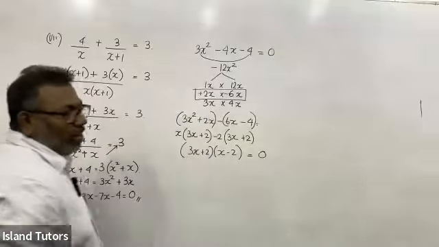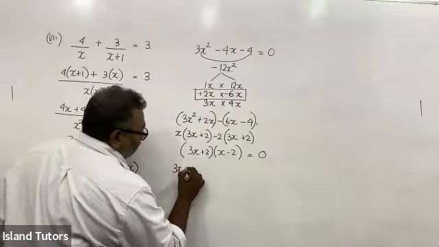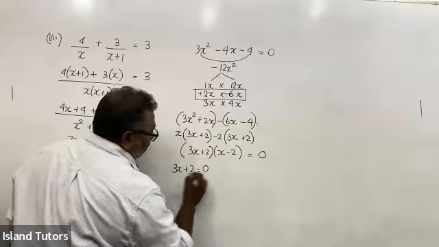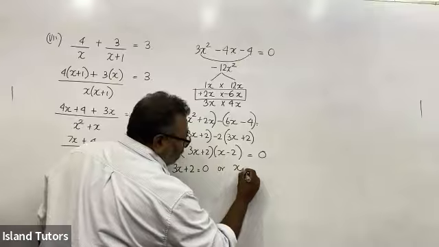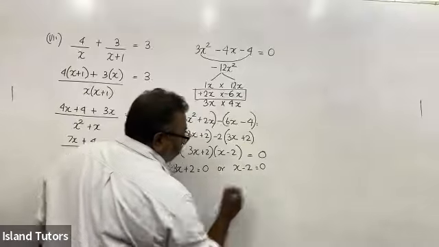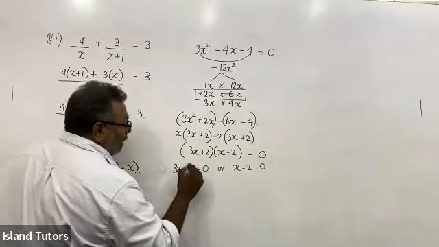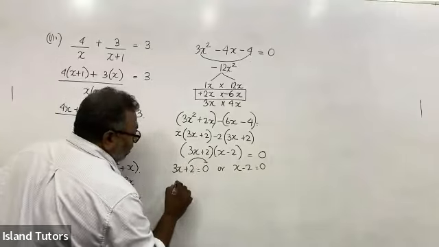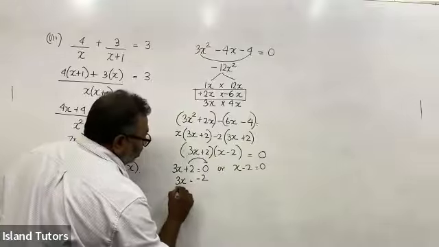Right, so now find out the values of x. 3x plus 2 is equal to 0, or x minus 2 is equal to 0. So we want to find out what x is. Take the 2 to this side. So you have 3x is equal to minus 2.